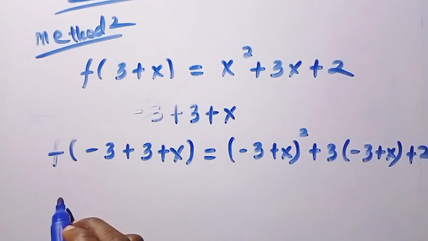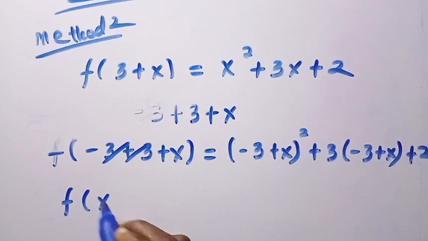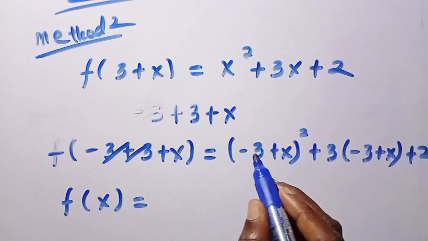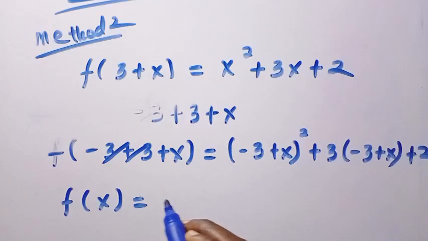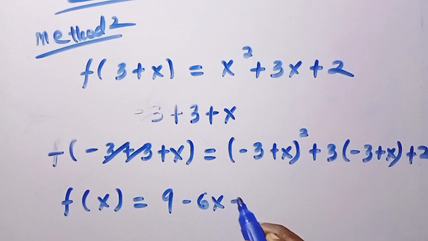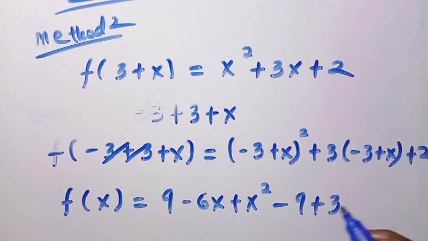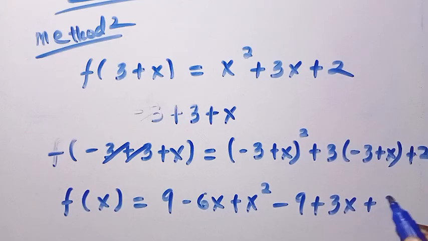So for this, it cancels out as plus 3 cancels minus 3, and here is f of x equals minus 3 plus x squared. So this gives us 9 minus 6x plus x squared, and also here is minus 9 plus 3x then plus 2.